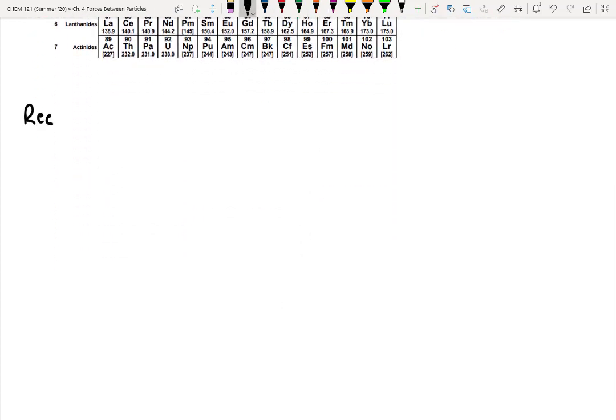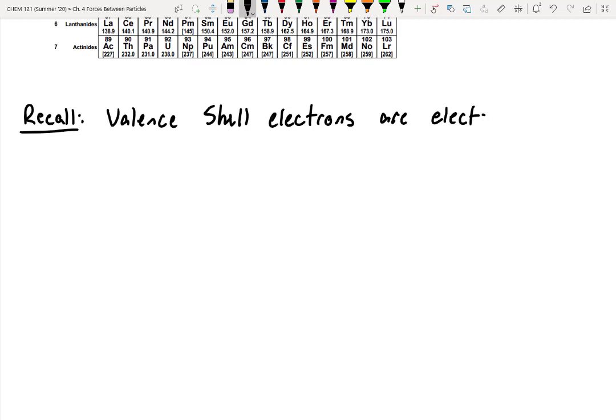Another thing that I wanted to review too, before we get too much further in this chapter, is that valence electrons are going to be your highest energy electrons. So valence shell electrons are electrons in the outermost shell.